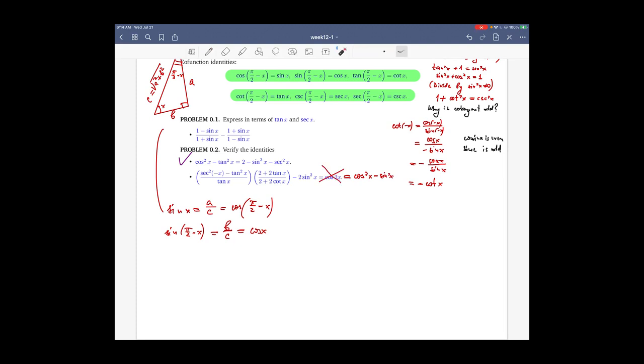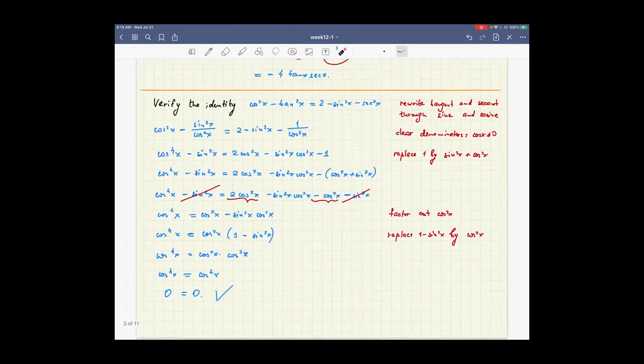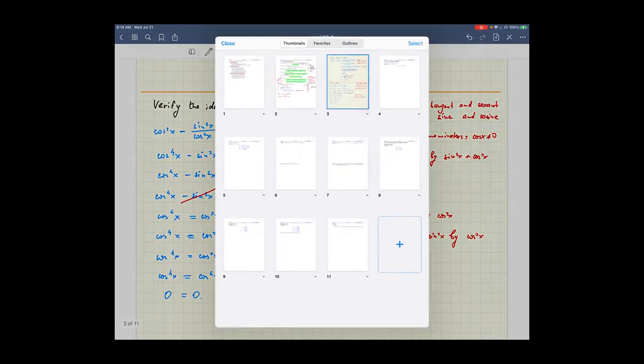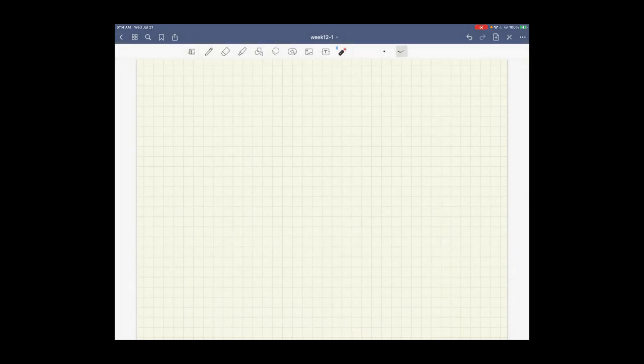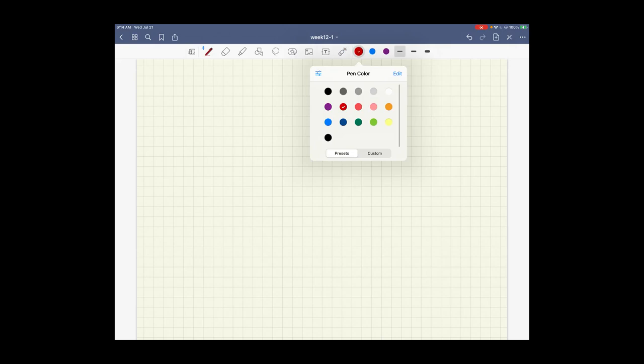So we are actually checking that this simplifies to this. So let me add a page. And we are verifying the identity.